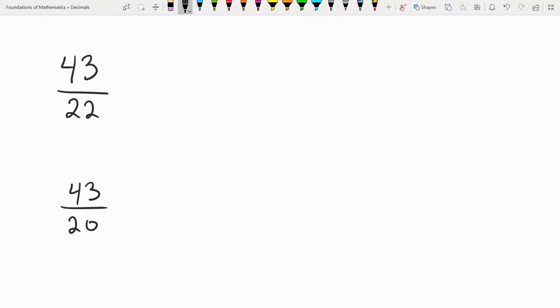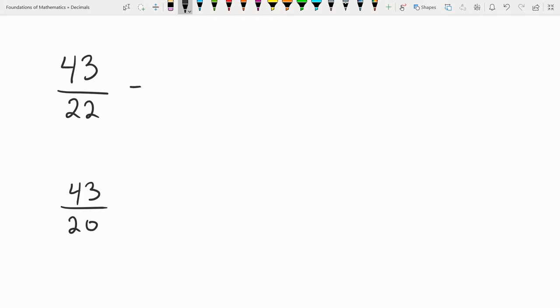To convert from fractions to a decimal, this is actually pretty simple. All we have to do is divide, do the division itself. So in the first problem here, 43 over 22, we're just going to take 43 and divide it by 22.